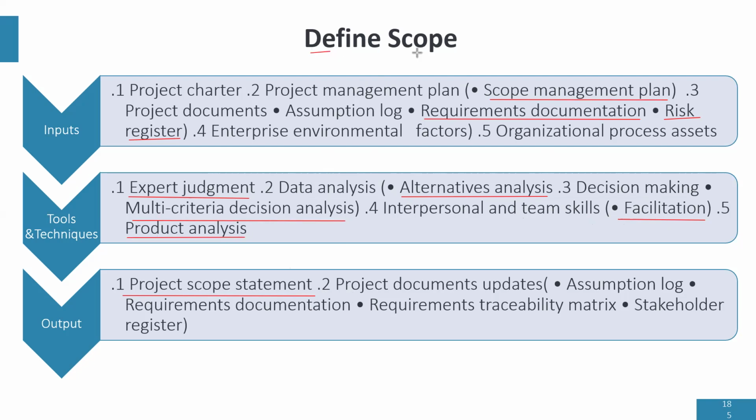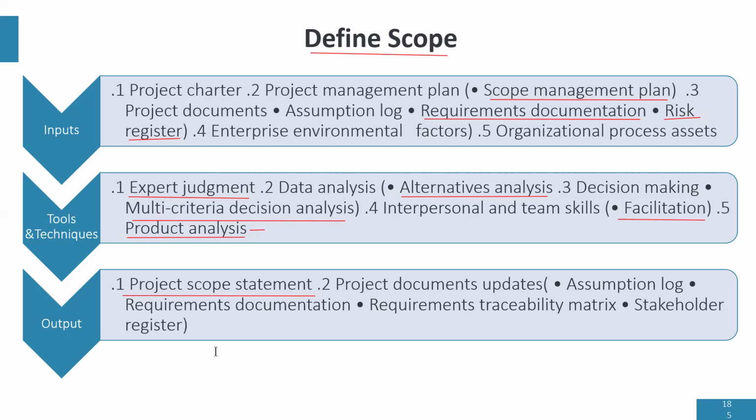Remember, one of the things your scope statement does is to describe the product. How do we describe the product? Through product analysis. Under product analysis, you can have product engineering and reverse engineering, and these are other techniques that can be used to describe the features and functionality of the product you're creating. So at the end of the day, looking at the alternatives, different factors, and the risk, and describing the product helps us to create the project scope statement.